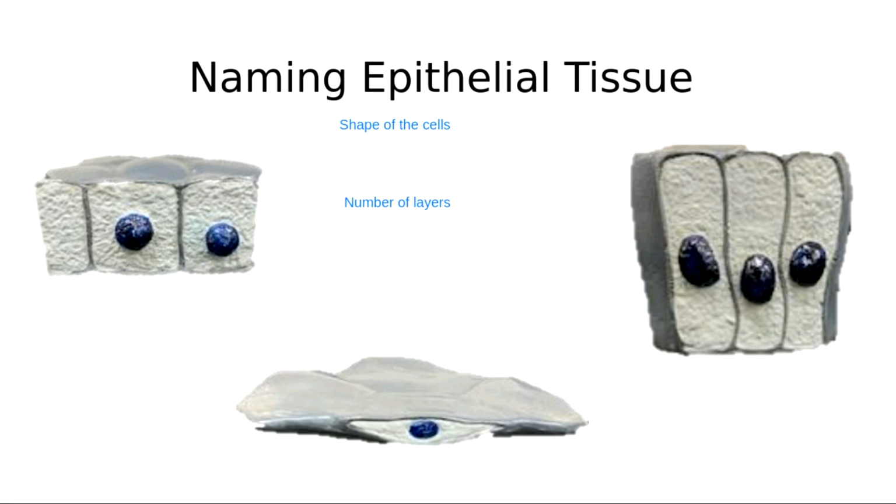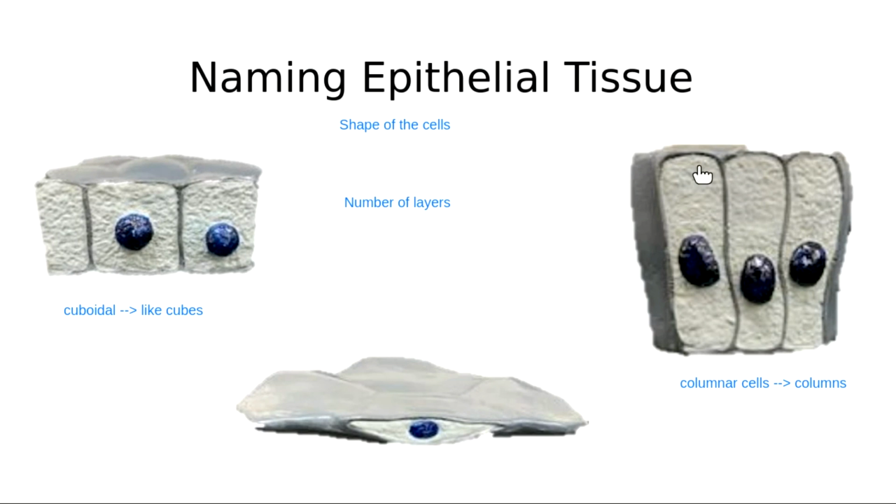The ones over here on the right are called columnar cells. Columnar, as in I'm shaped like columns, or I'm a lot taller than I am wide. With a cuboidal cell, it's just as wide as it is tall. With a columnar cell, it's a lot taller than it is wide.